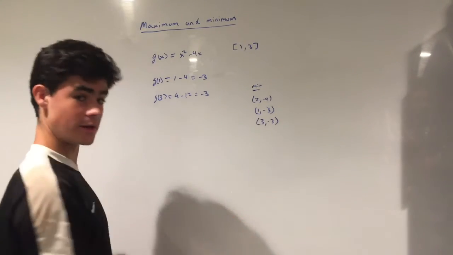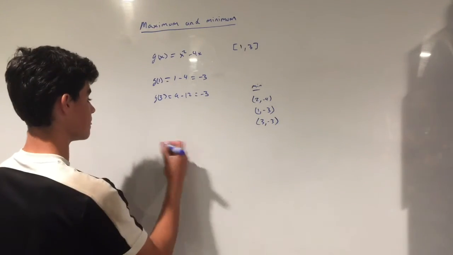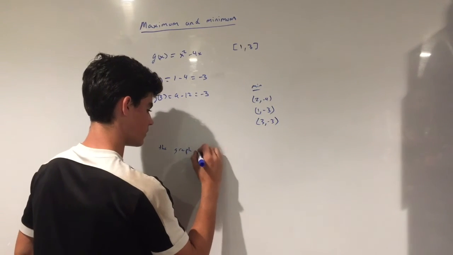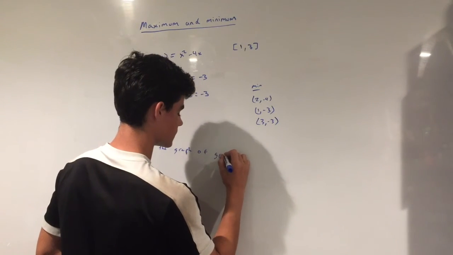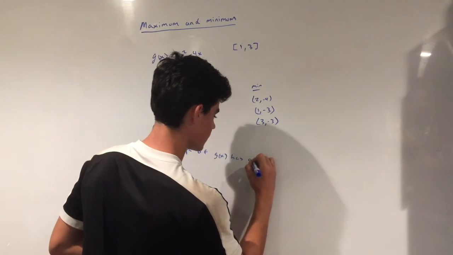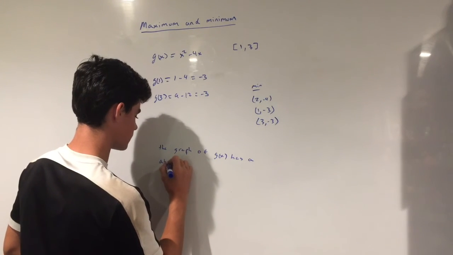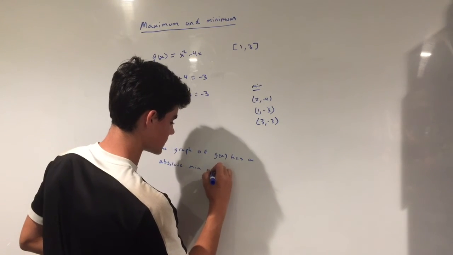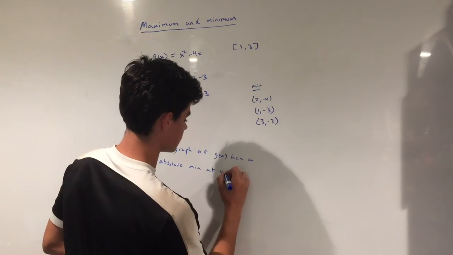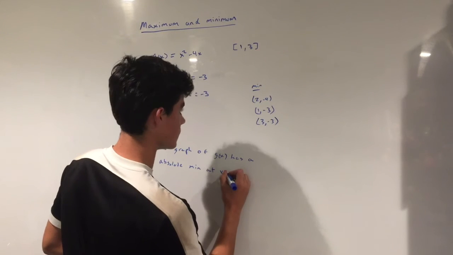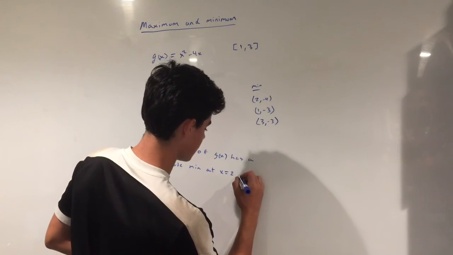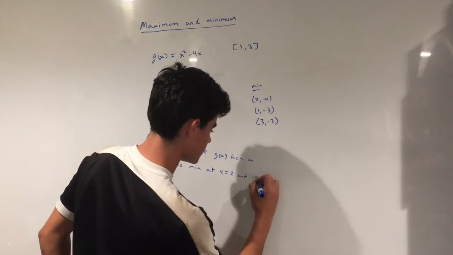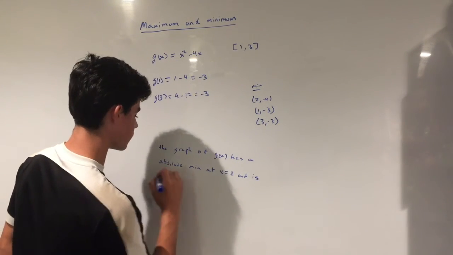So the correct way of writing this out, let's say if you're on a test, would be: the graph of g of x has an absolute min at x equals 2 and y is negative 4.